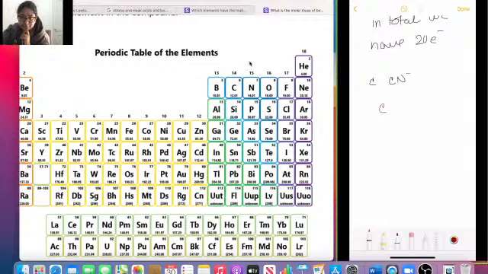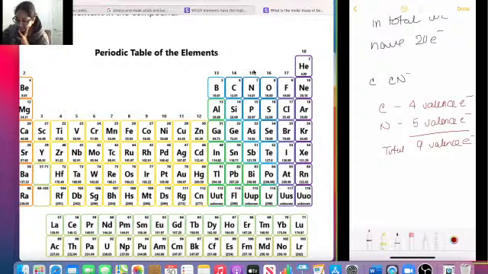It's in group 14. Nitrogen has 5, it's in group 15, so it has 5 valence electrons. So in total we have 9 valence electrons, right?